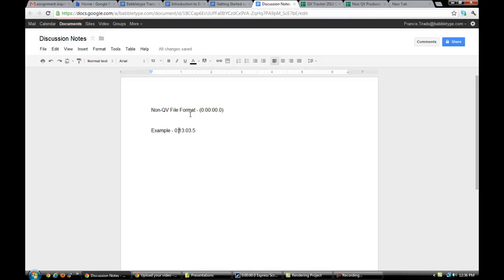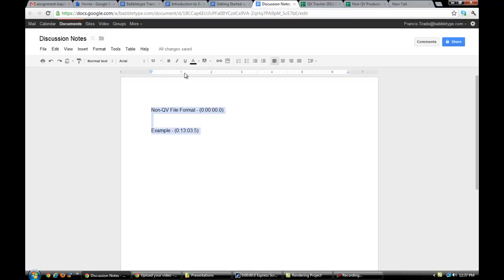An example of a timestamp format for a non-QV file means that at this particular time it is 13 minutes 3.5 seconds. Since we're only in the 13th minute, you have to put a zero for the hour mark, 13 here, 3 for the seconds, and 0.5 for the millisecond.